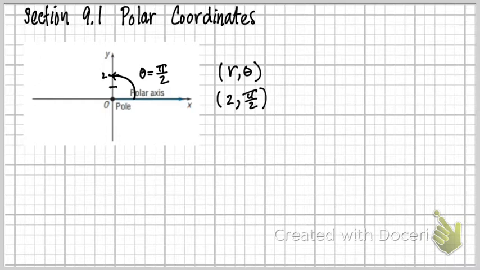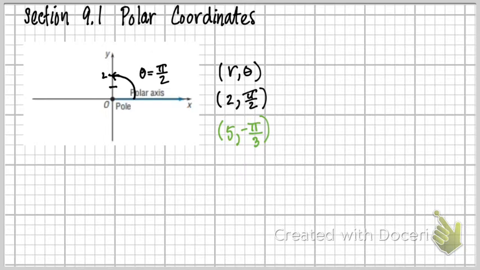Now if I gave you the ordered pair, and I'm going to do it in a different color so we can keep the differences here, let's say I gave you the ordered pair (5, negative pi thirds). Now keep in mind here, this theta is in the positive direction, and that's why I went counterclockwise.